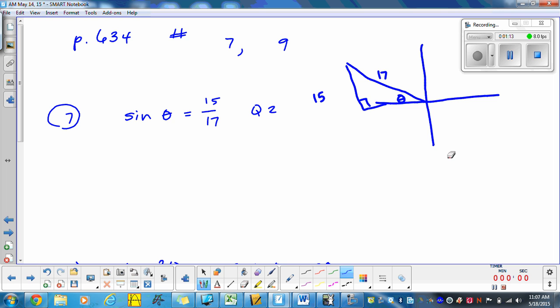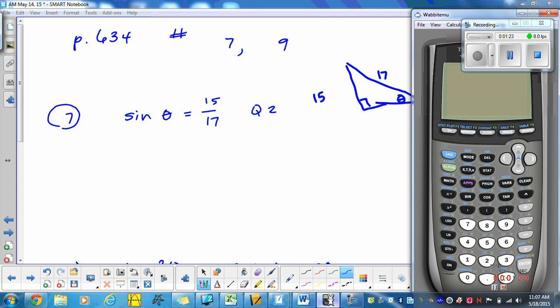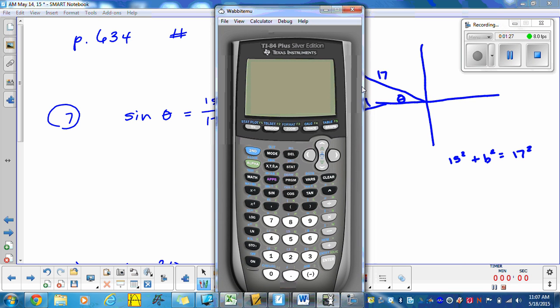So 15 squared plus b squared equals 17 squared. So I can use my calculator here to help me out with that. So 15 squared is 225.